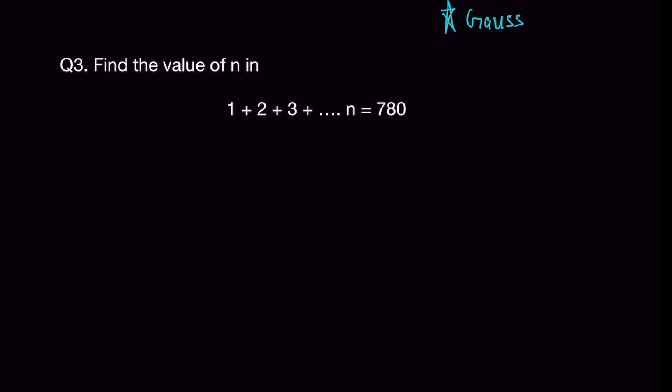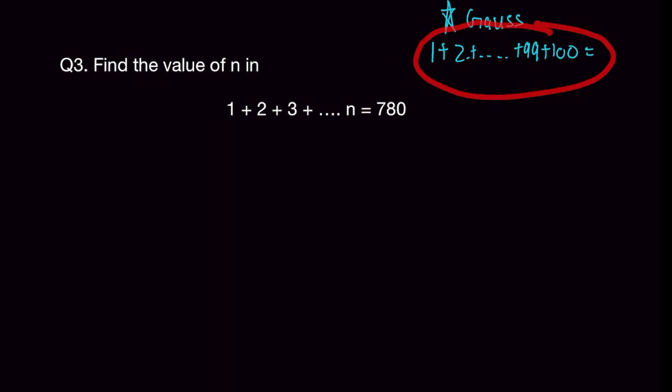How do we do this question? If you recall the Gauss method, for example, if we are doing a summation from 1 plus 2 plus 3 all the way until 100, what would be the answer? We can solve this very easily using the Gauss method.